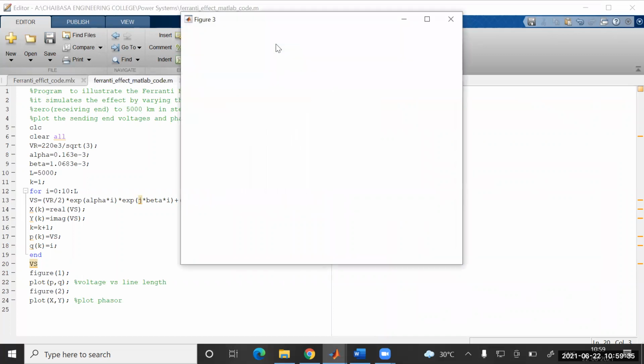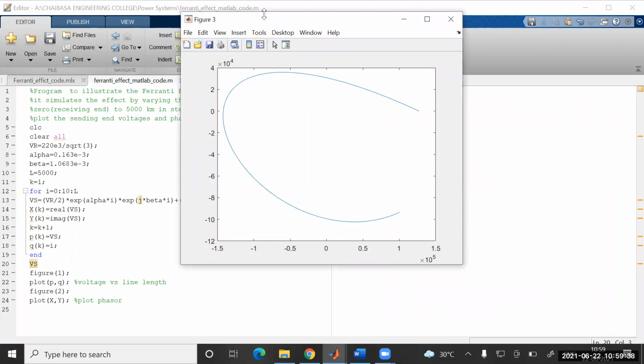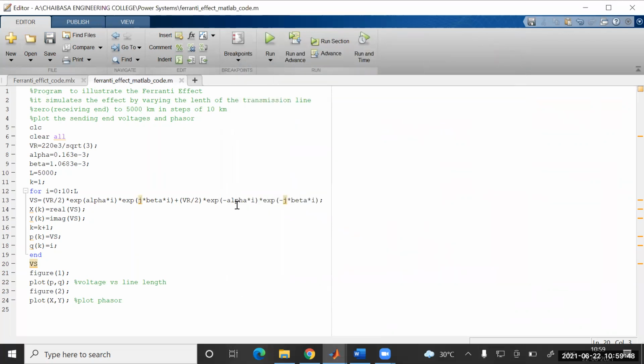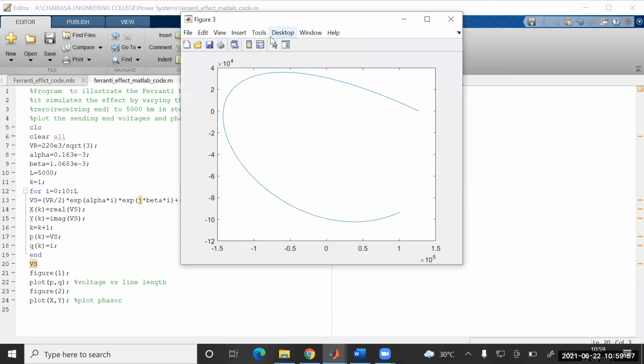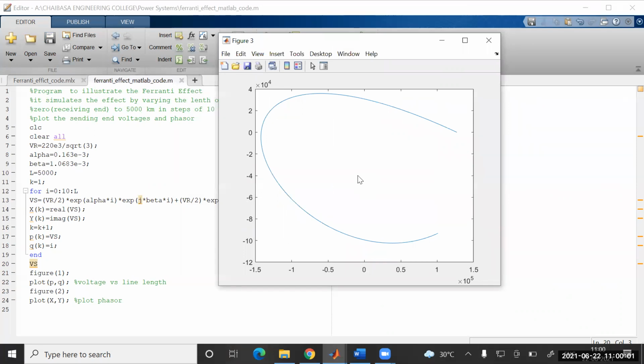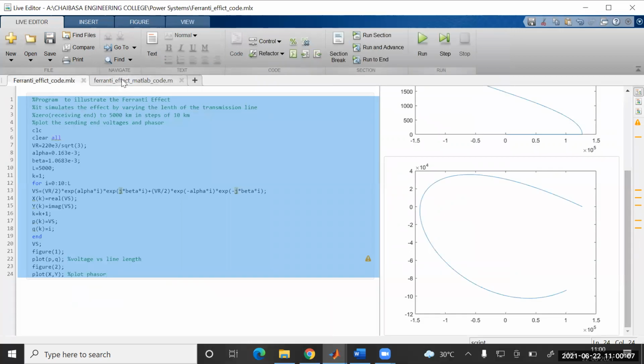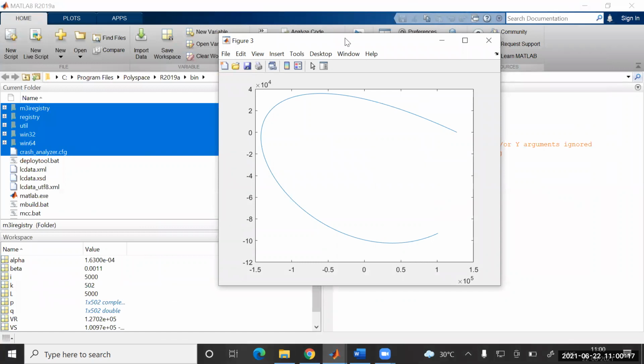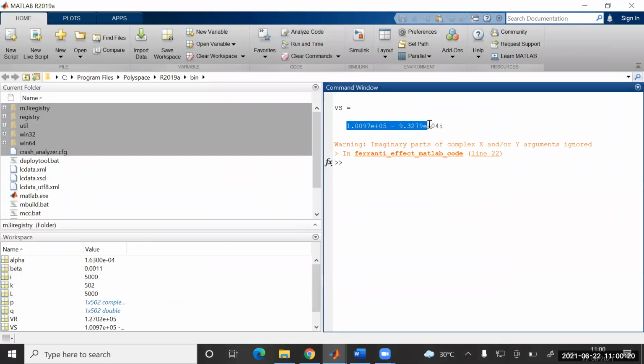Path. Let me see the VS value. Okay, this is your VS value.